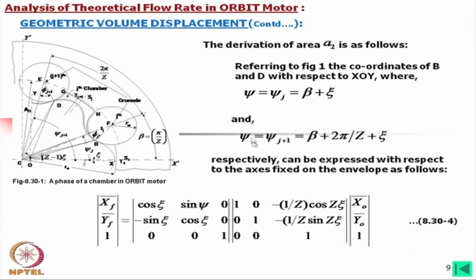Similarly, for the other one, we will consider beta plus 2 pi by z plus this angle, the shaft rotation.